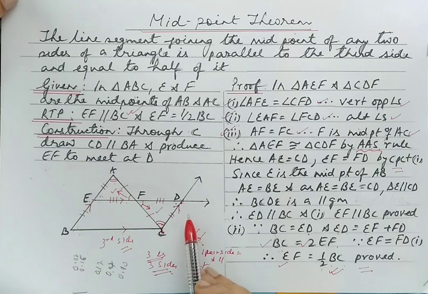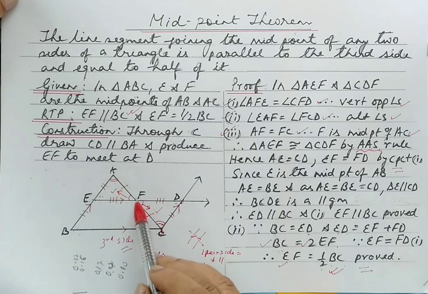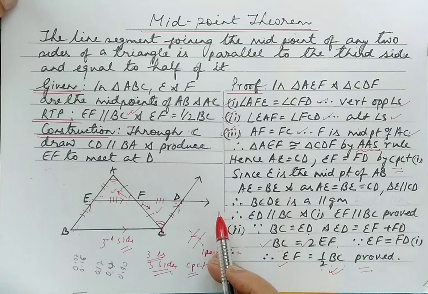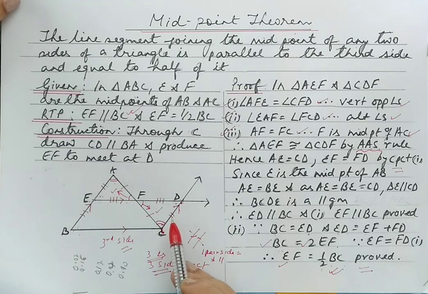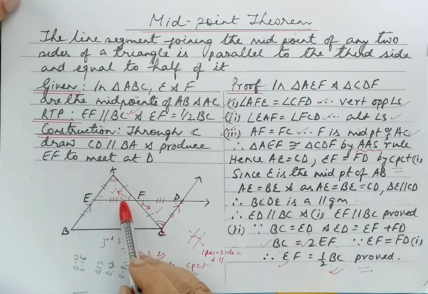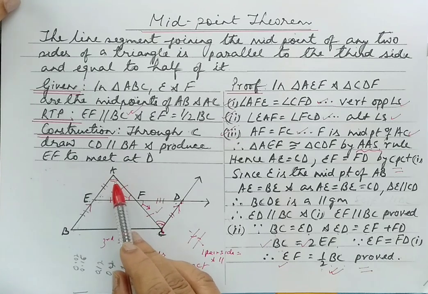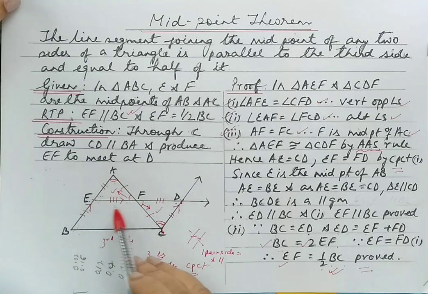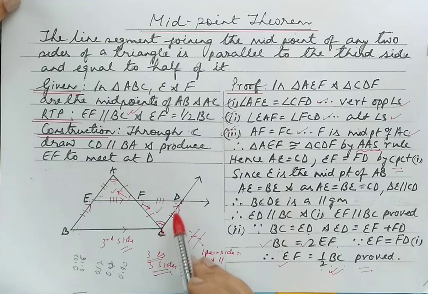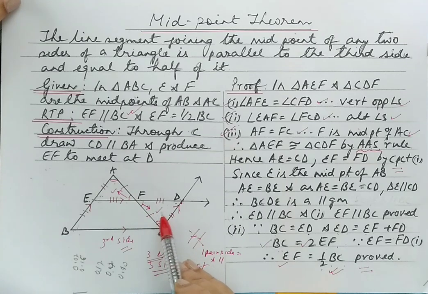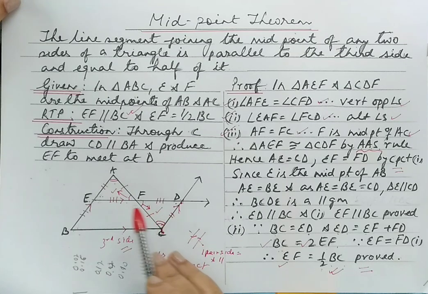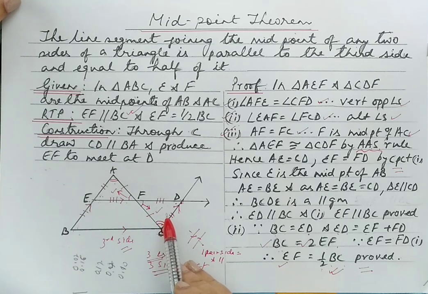How do we prove it? First of all, my step 1 would be to prove with the help of congruency. Congruency in the sense that when two triangles, in this case AEF and CDF, are equal in terms of their angles as well as sides, correct? To be able to do so, there are certain conditions.